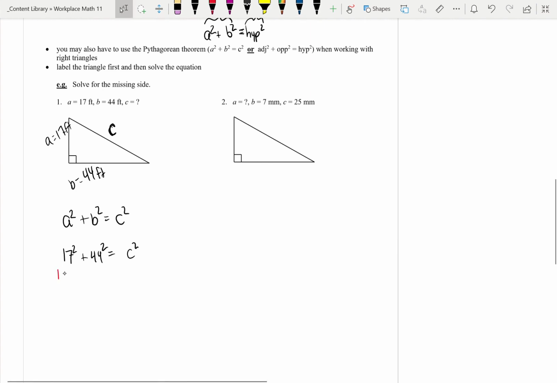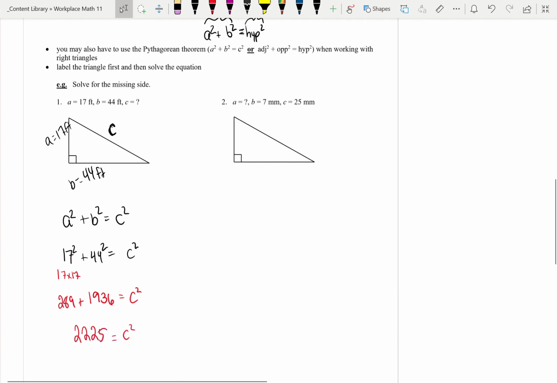So I'll just write that down once. This gives me 289 plus 1,936 equals C squared. Then adding them up, I get 2,225 is equal to C squared.